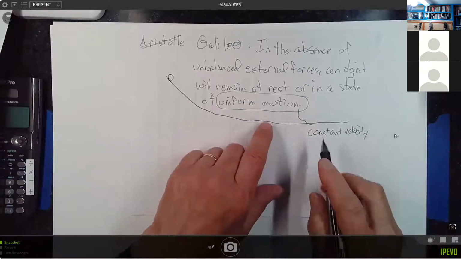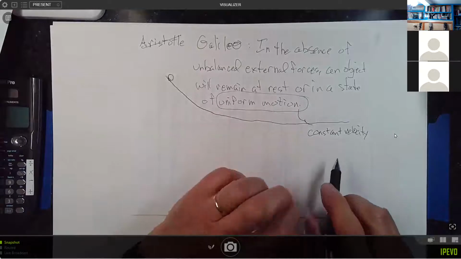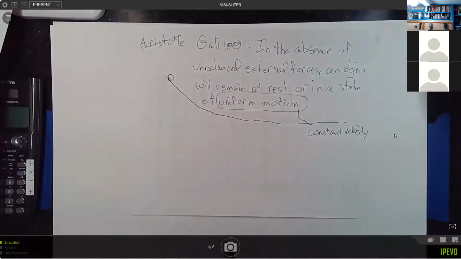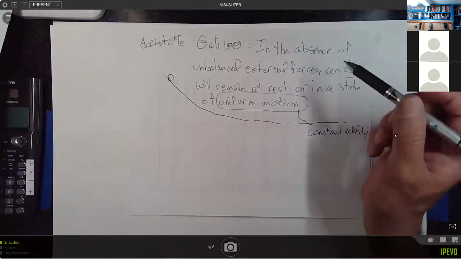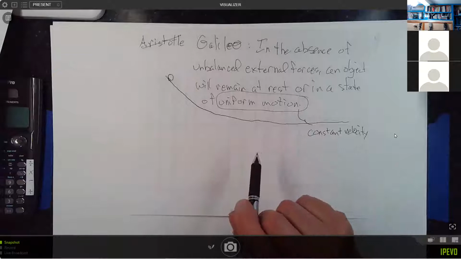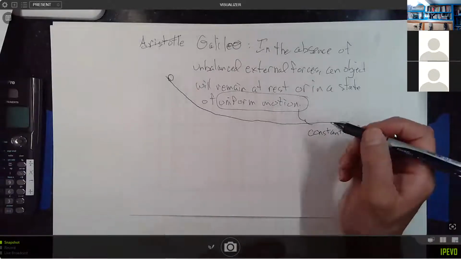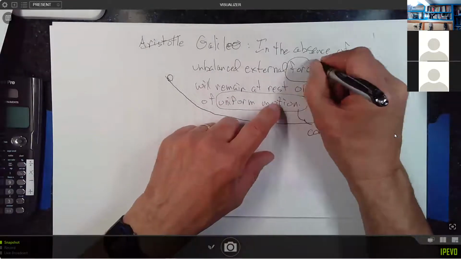It means it's going with constant speed in a straight line. That's what it means to have constant velocity. So if something is not undergoing uniform motion, then there must be an unbalanced external force acting on it.